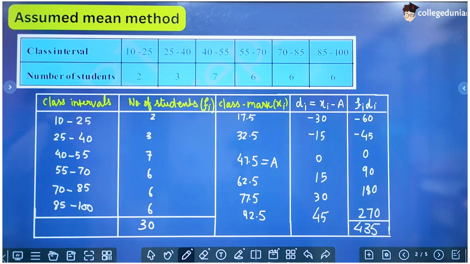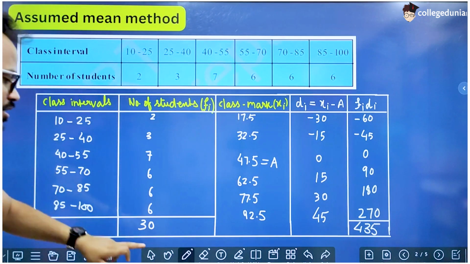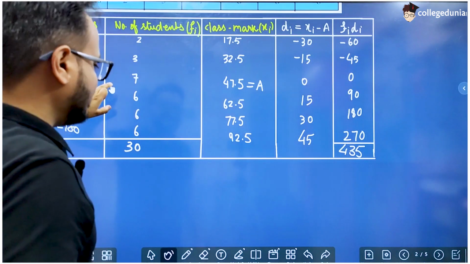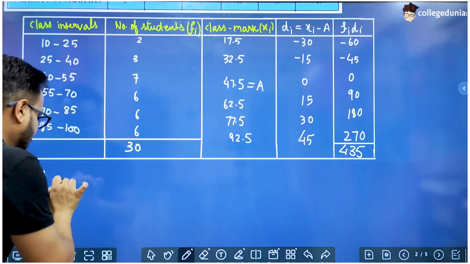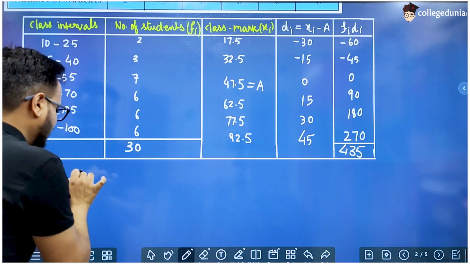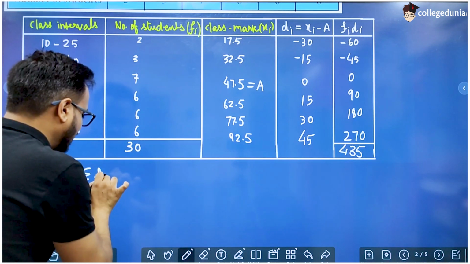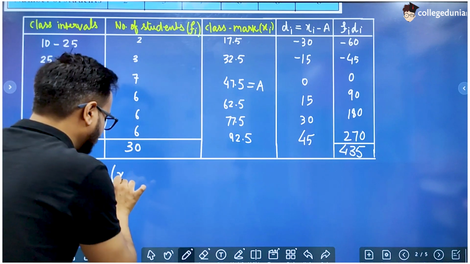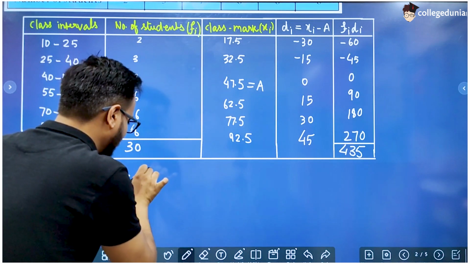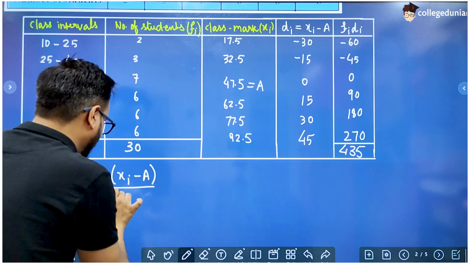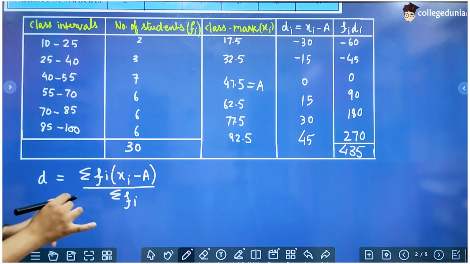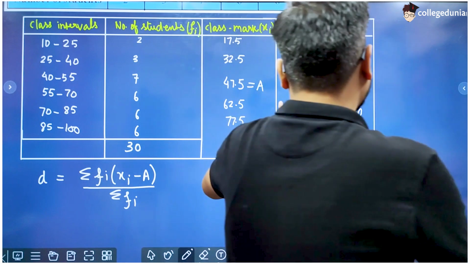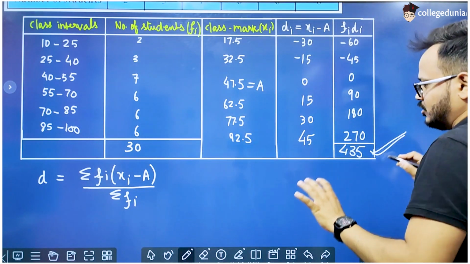So now what is assumed mean? So let us say this deviation is sigma fi xi minus a divided by sigma fi, right? This is this value.